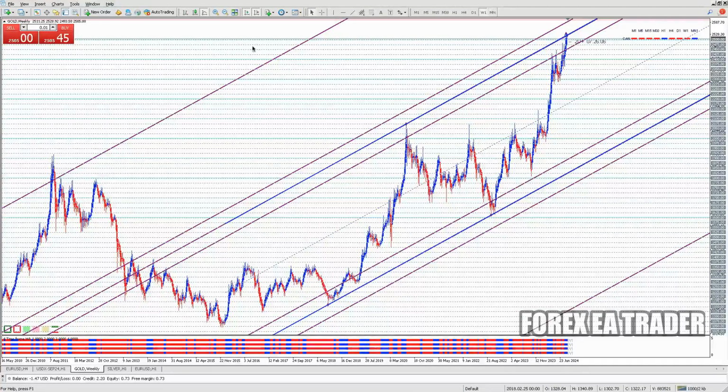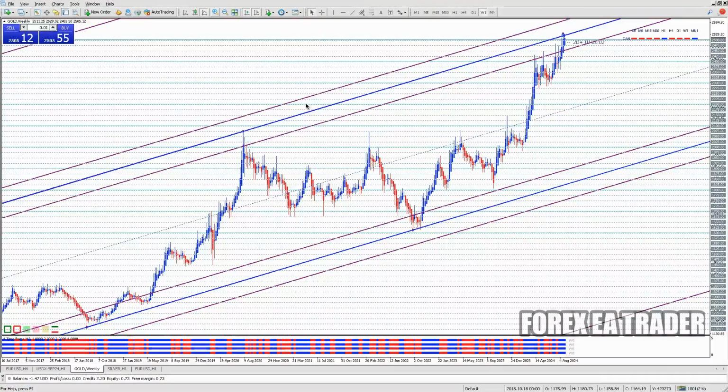Forex trading robots can actually help you with your trading. However, there is always room for improvement when you're applying them in real market conditions. So this video is just about that, how to boost the performance of your forex trading robot, whether you bought it or whether you made it yourself.